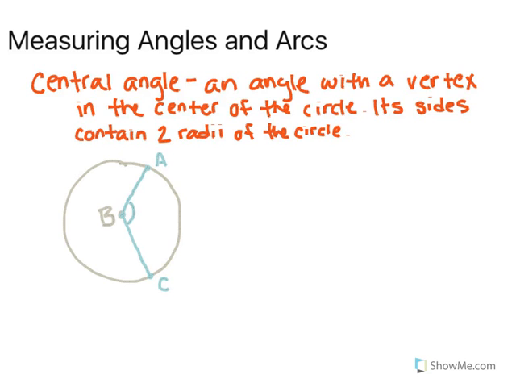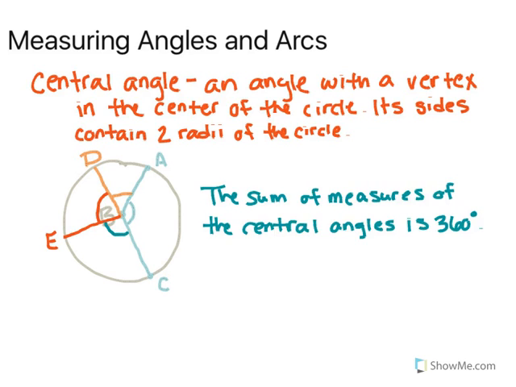Now, let's say we had any number of central angles all around our circle, like so. The angles themselves all have a special, unique relationship, and that is that all of the angles will always add up to 360 degrees.